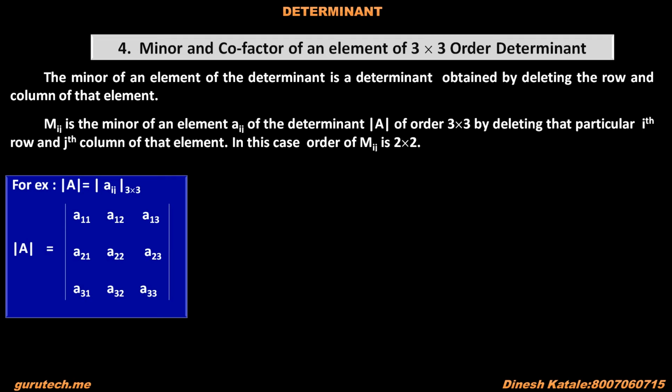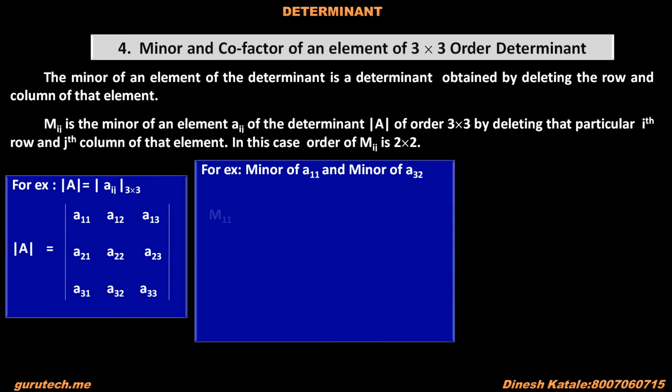Now we have to learn how to find minor of the element of determinant. For example, here first we have to find minor of A11 and then minor of A32. Minor of A11 is denoted by symbol M11, capital M11.